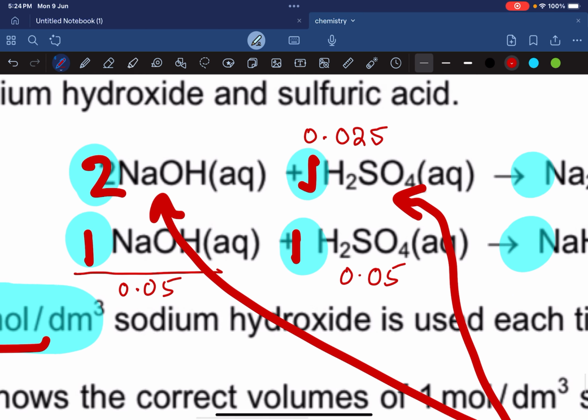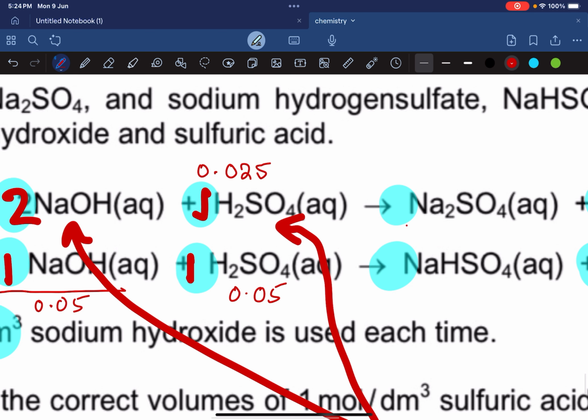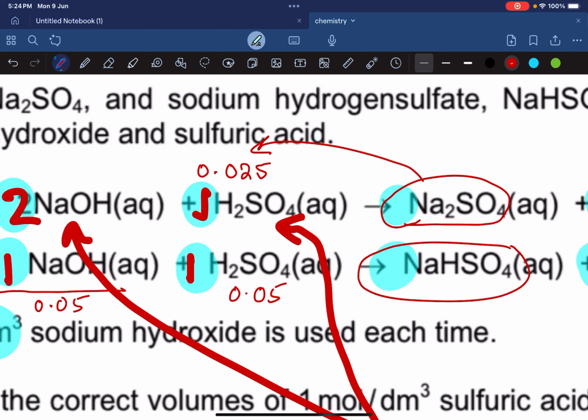So to prepare sodium sulfate, I need half the volume, because moles and volume you can interchange with the ratio. They have almost the same ratio, and to prepare sodium hydrogen sulfate, I need double the sulfuric acid.